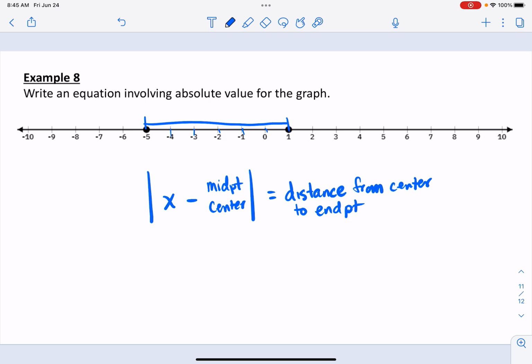So you have to go in 3 units to get my center point. So now I have my center.